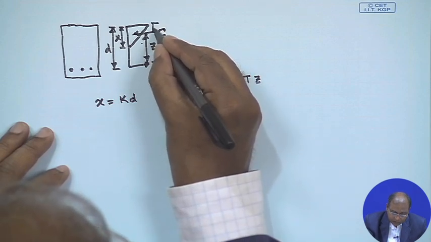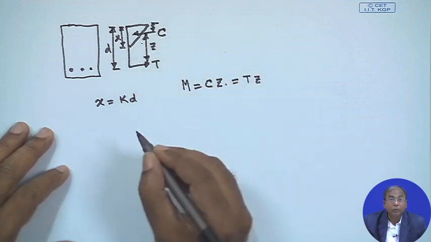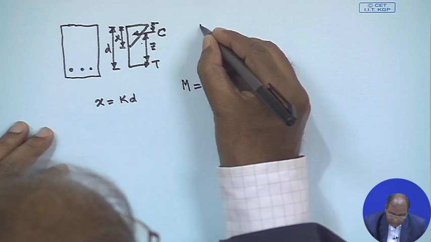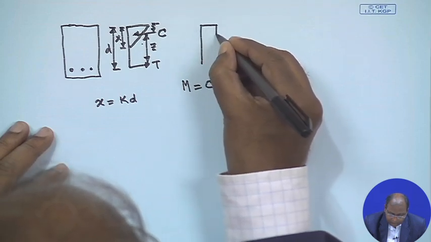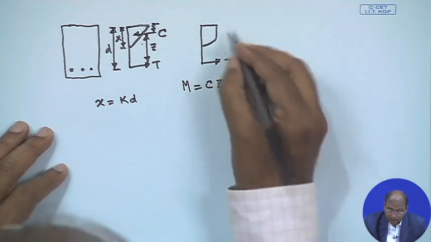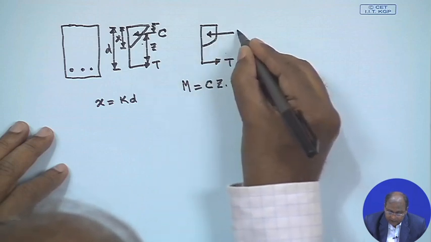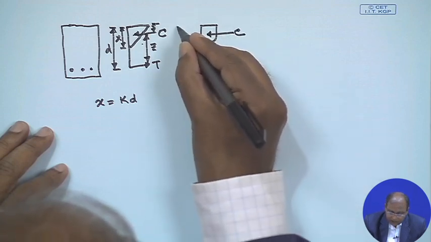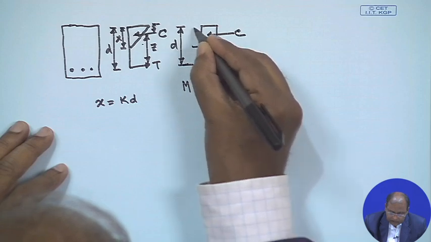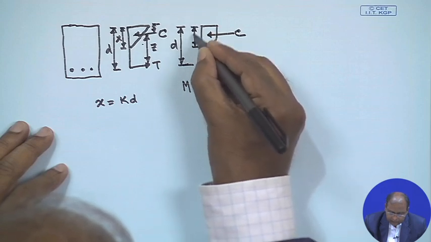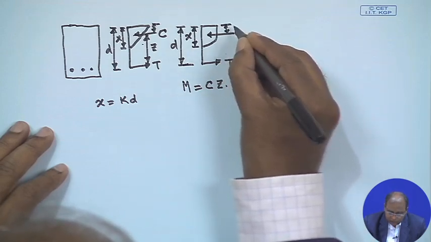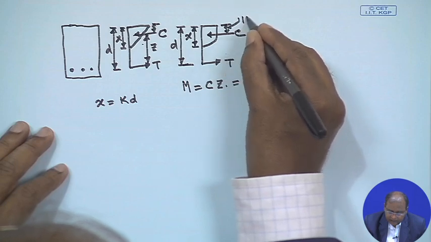This one we do not know how much it is. So, again I am telling this one T, this one C, and for this case also D, this is your x, and this one we call K2.